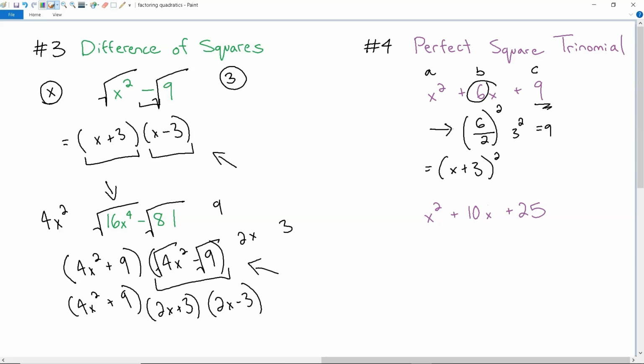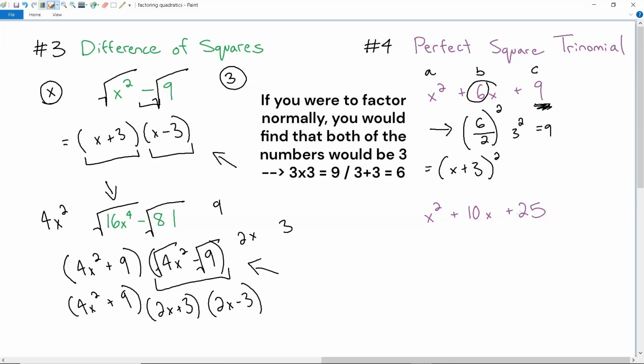So when this is true, when I divide my b value by 2 and then square it, I get my c value. I can just add that value that I found of dividing the b value by 2 into my answer as x plus 3, and then just square the whole bracketed term. And this works for all of these kinds of trinomials.